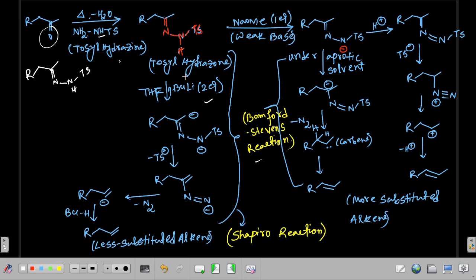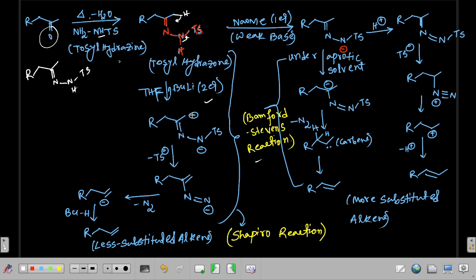In case of Shapiro reaction, we are reacting this tosyl hydrazone with two equivalents of n-butyl lithium. So this n-butyl lithium will act as a base. This two equivalents of n-butyl lithium will abstract this proton and this proton also.